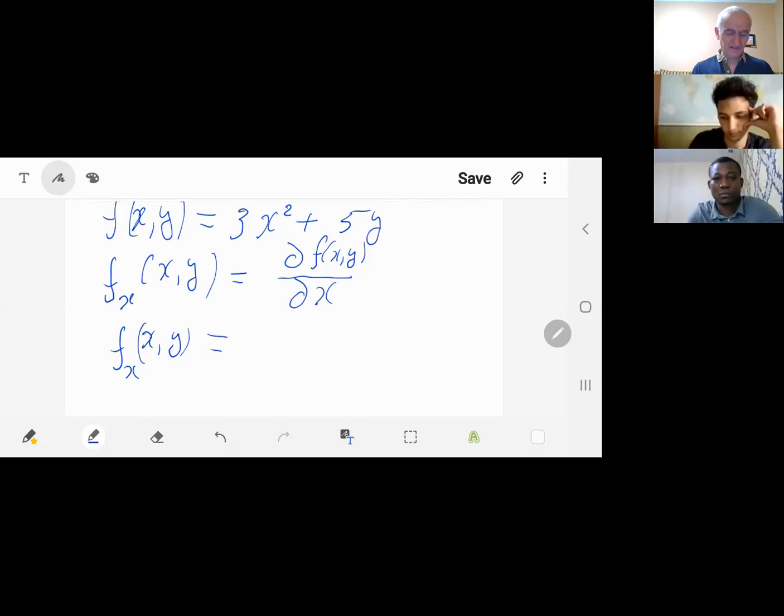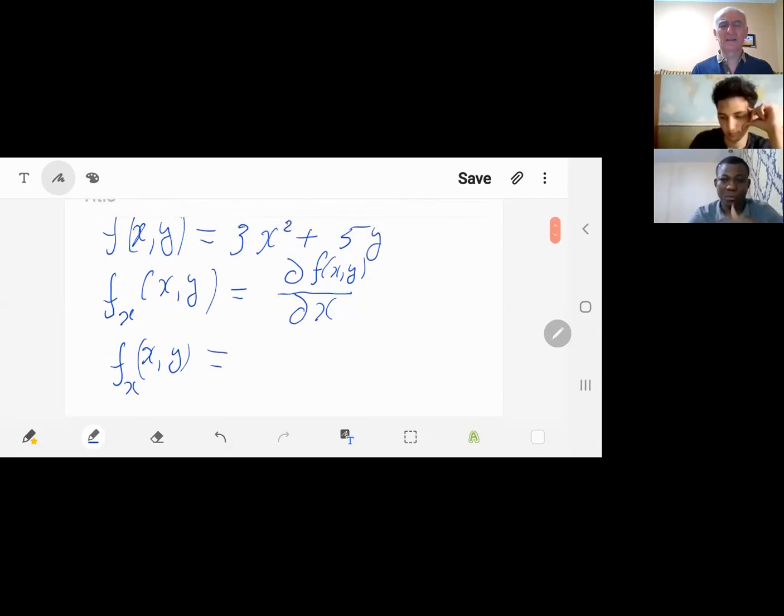So we know very well that derivative of 3 times x square, it's 3 times 2x, plus derivative of 5y, it's 0, because y is constant.